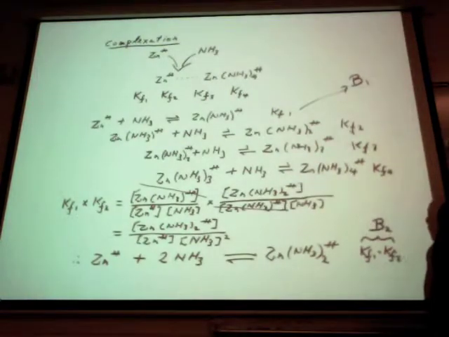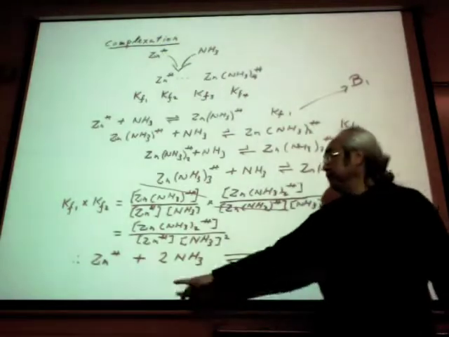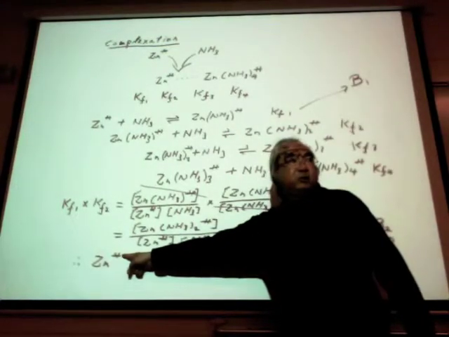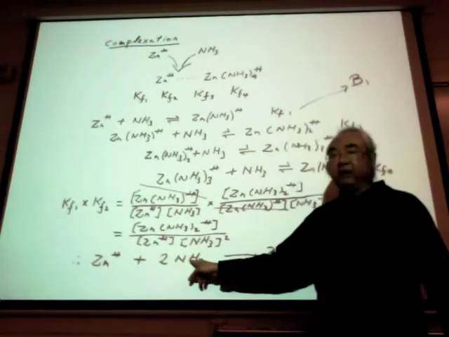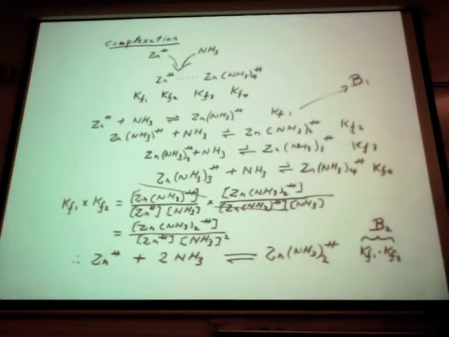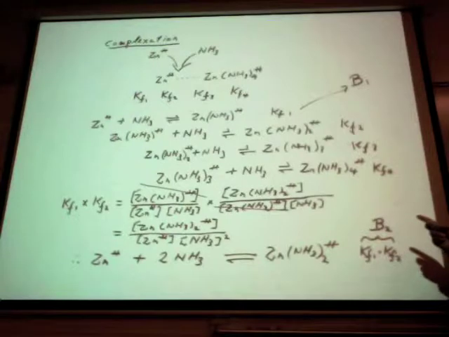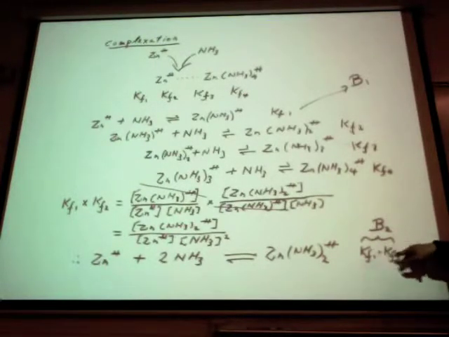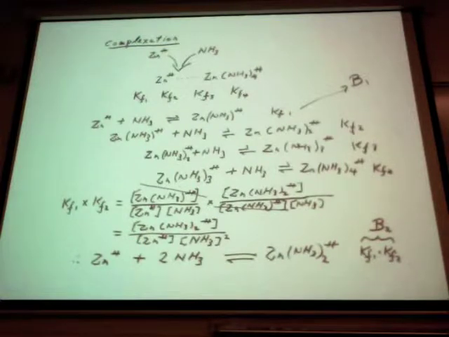If you want to refer to the initial reactant all the way to complex 2, then you must multiply KF1 by KF2, like this. So this is different than KF2 alone, right?